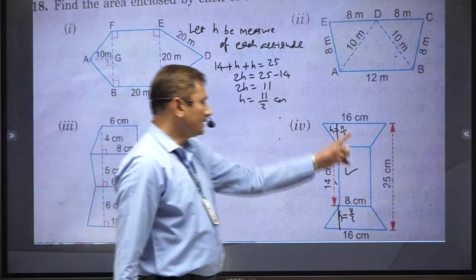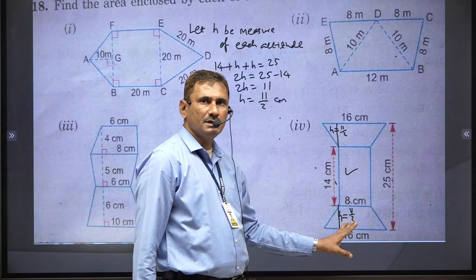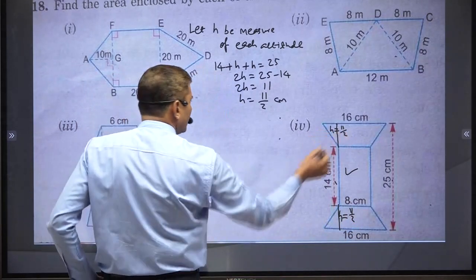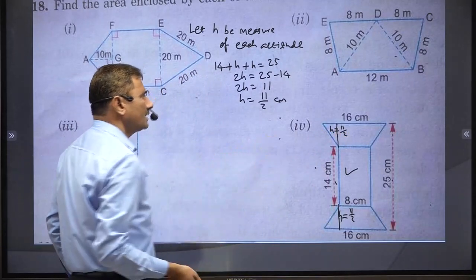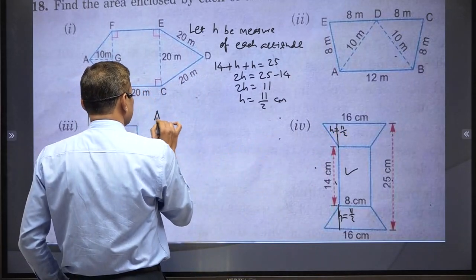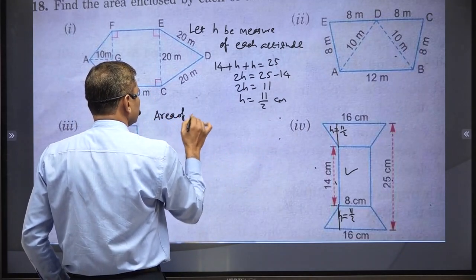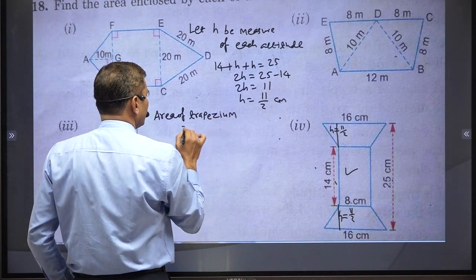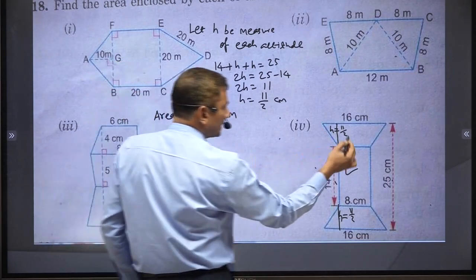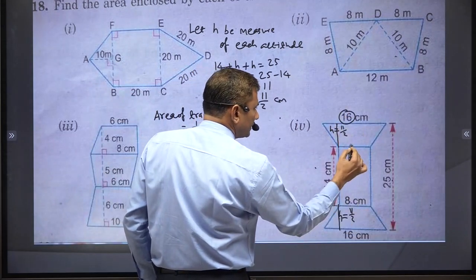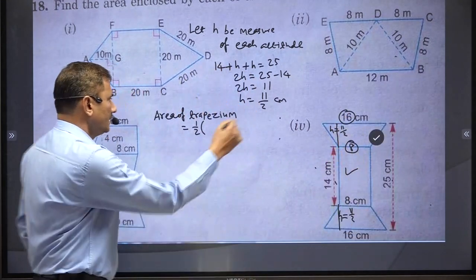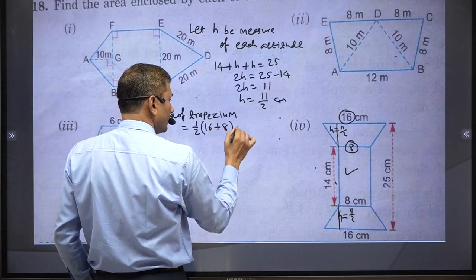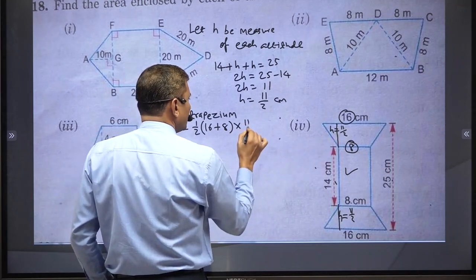Now you can find any one trapezium's area, then make it double. First of all, I am finding any one area. I have not given a name here, so just write area of trapezium equals half sum of parallel sides. This is 16. Here is 8, so here also 8. So parallel sides are 16 plus 8, into the height we found, 11 by 2.